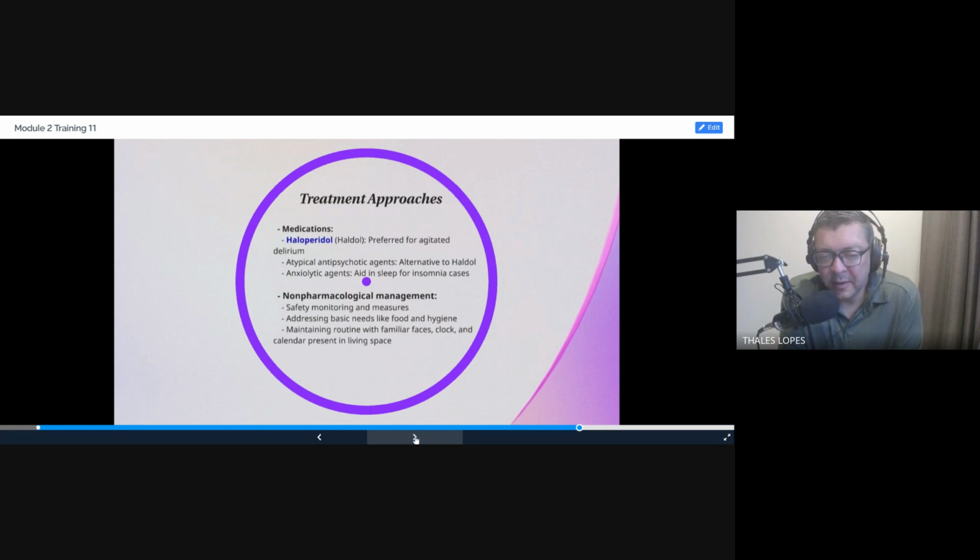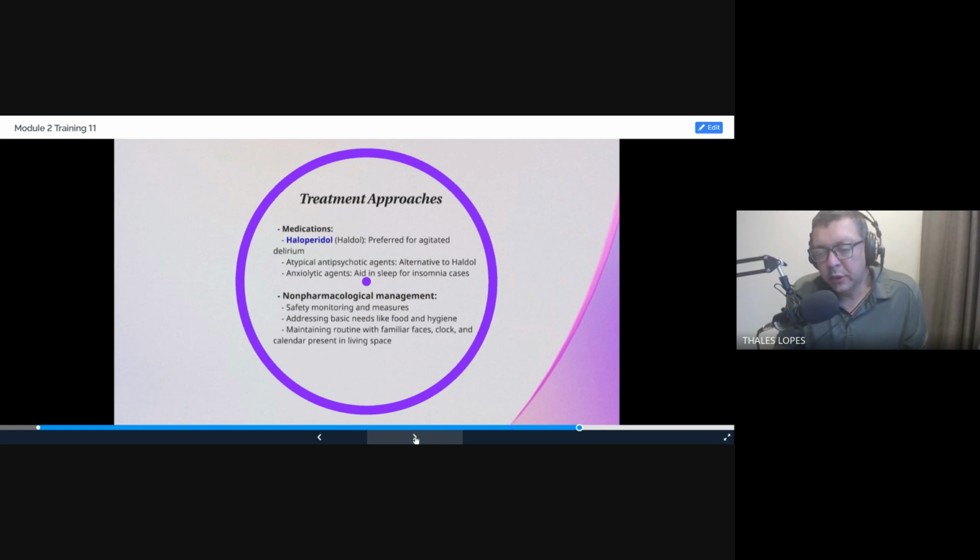In pharmacological management, we want to ensure safety. We also want to address basic needs like food and hygiene, and maintain routine with familiar faces, clocks, and calendars, so the patient feels safe and knows where they are in the hospital. When they say haloperidol or an atypical antipsychotic, we're already at the end of the spectrum.